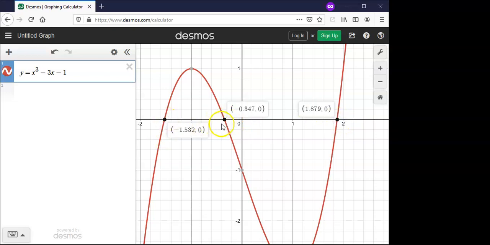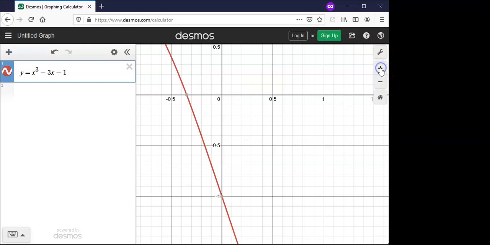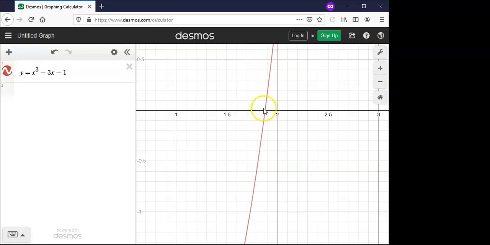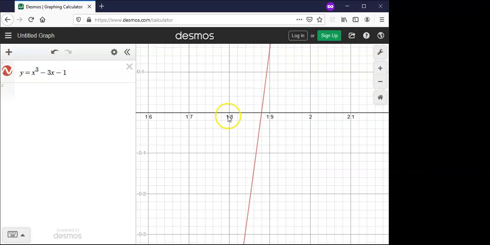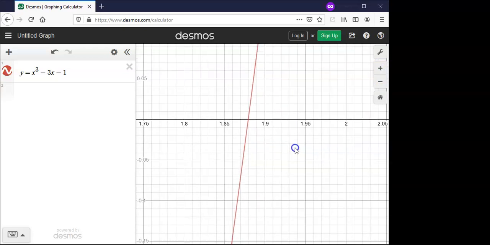But pretend we can't see any of those, okay? And then let's look for this one. How do you do that? Zoom in. Zoom in, zoom in, and you can see this 1.8 something, less than 1.9 and greater than 1.85. You can see that.